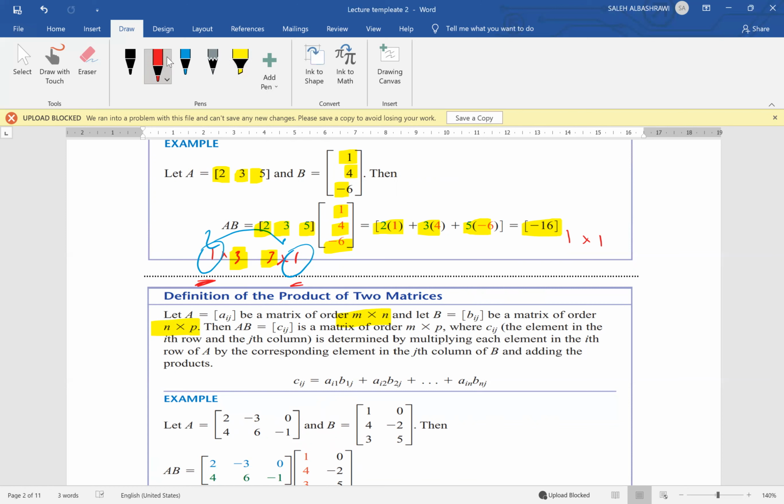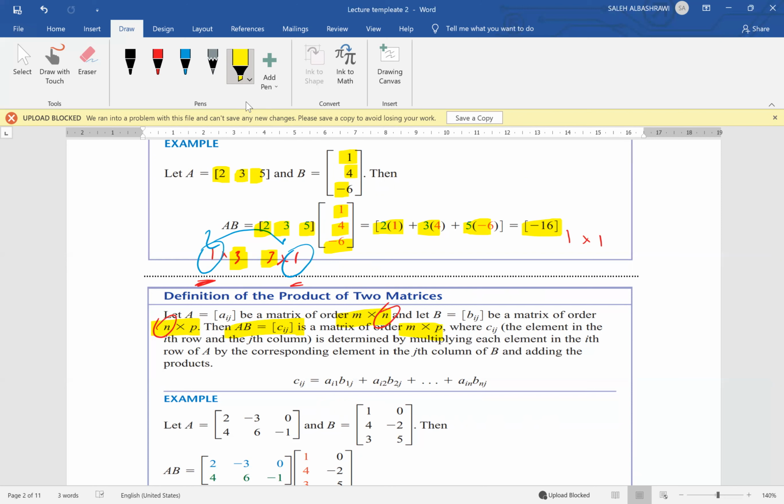We have to be careful about this condition: the number of columns must be equal to the number of rows in the second matrix. Then the product A times B will be another matrix, Cij, of size m by p.